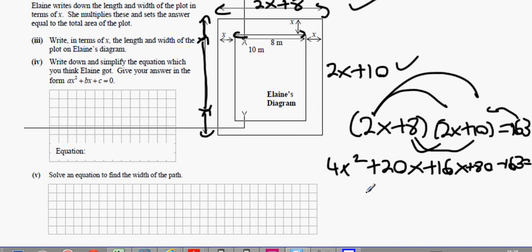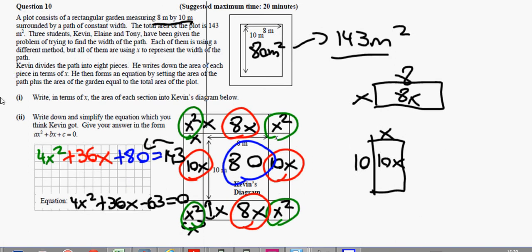Oh, and sorry, it's not 163, it's 143. Excuse me, that's not 163, it's 143. Just make sure to reread your question so that you don't give away any easy marks. Minus 143, because the information says that it's 143.